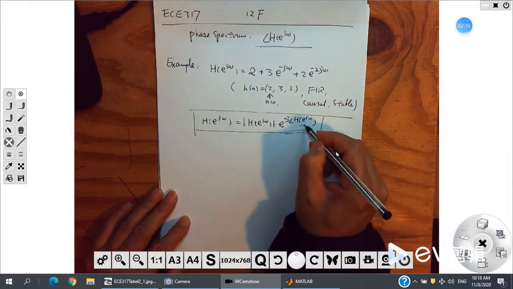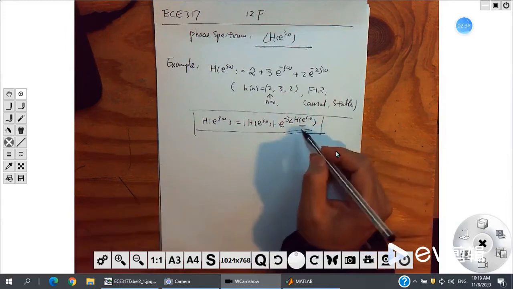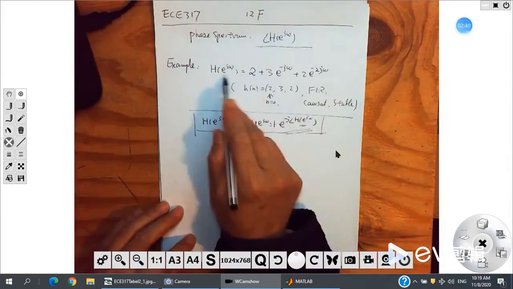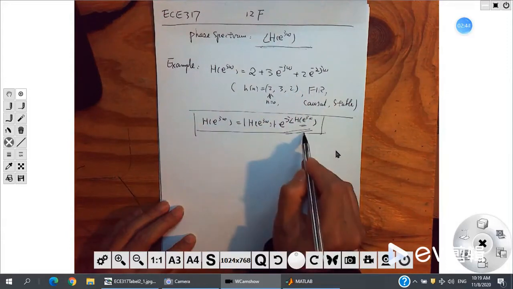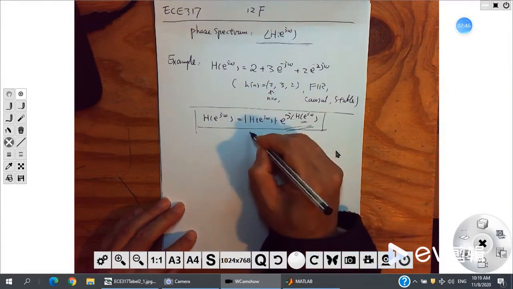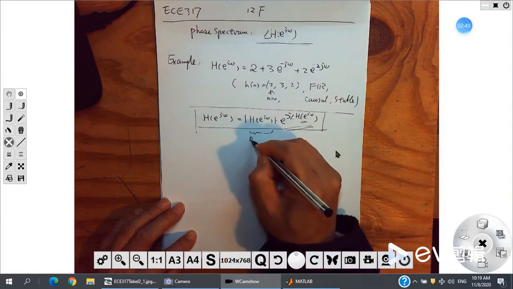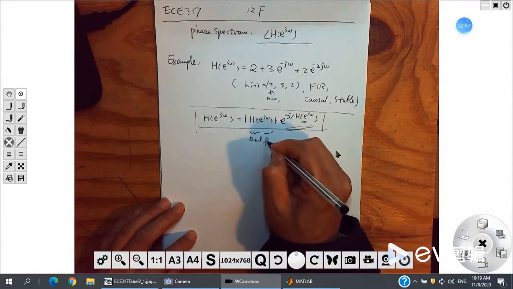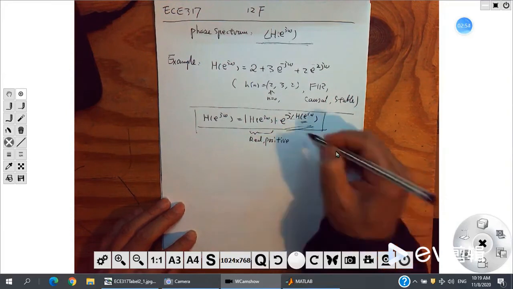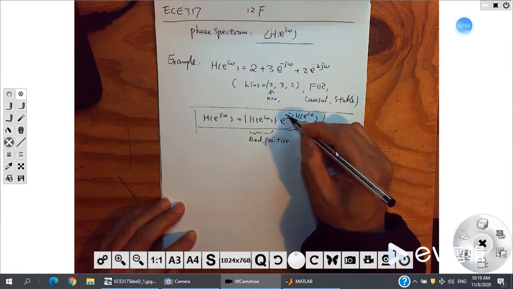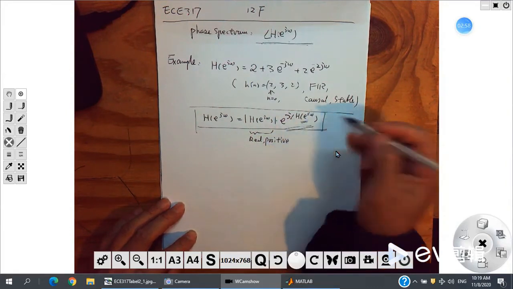One way is to rewrite this frequency response in these terms. This part is a real function, real and positive, and then here is e^j something. So you need to write it in this way.